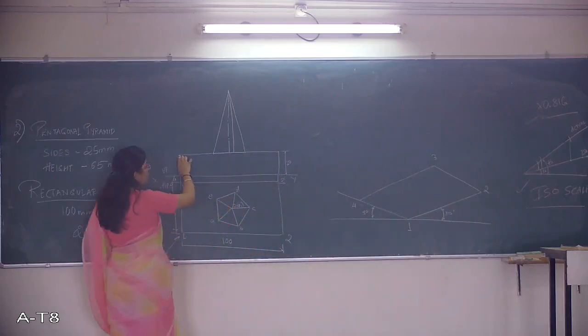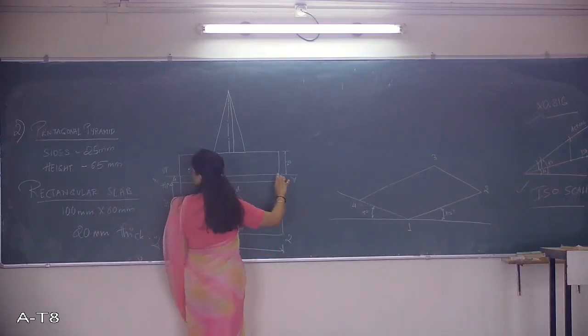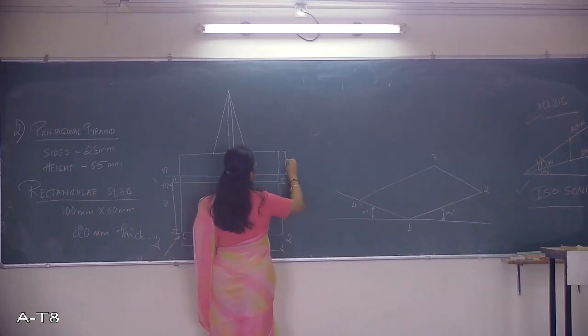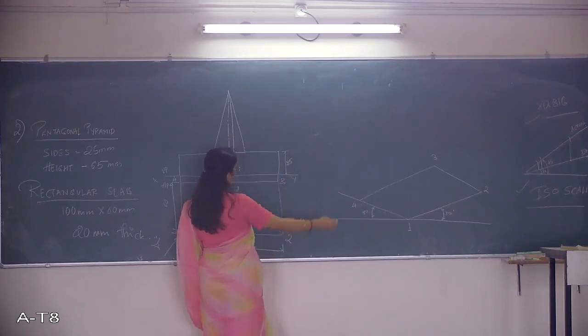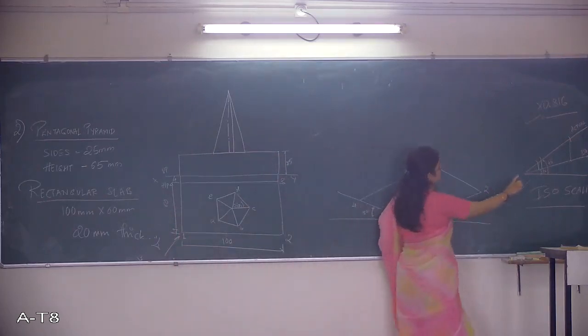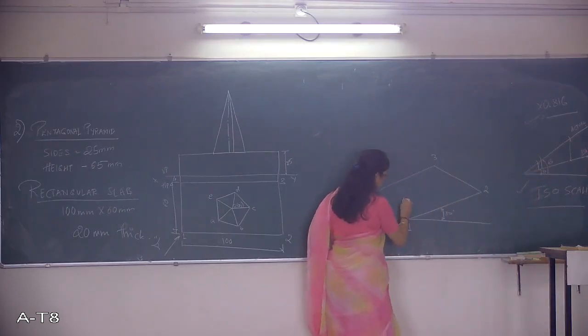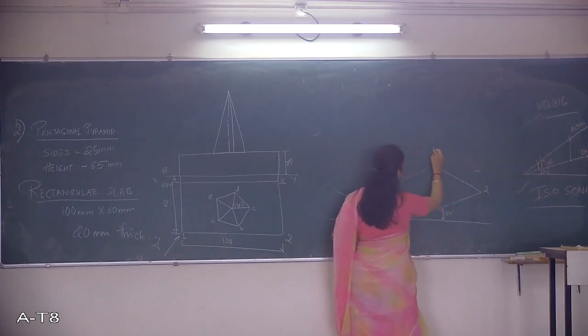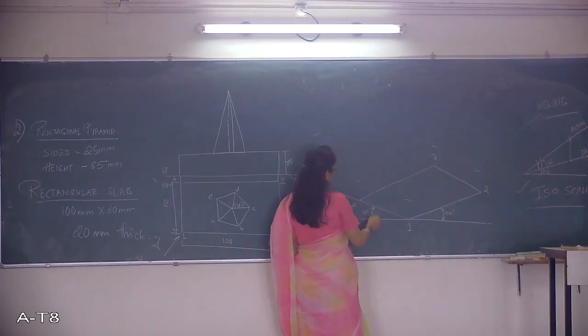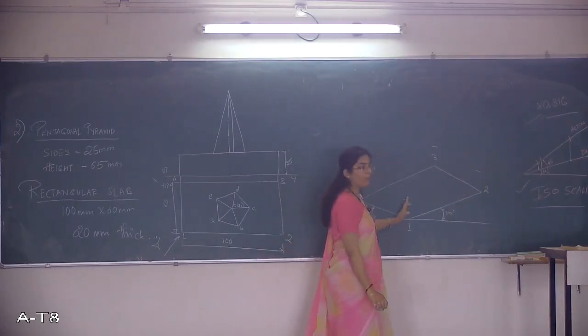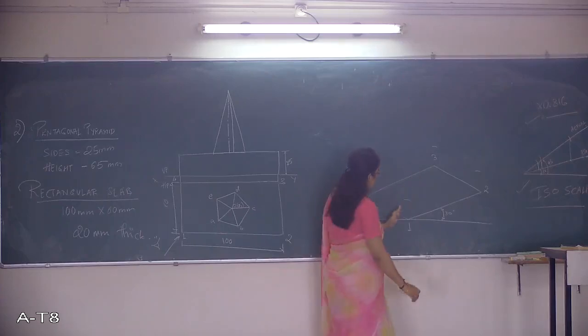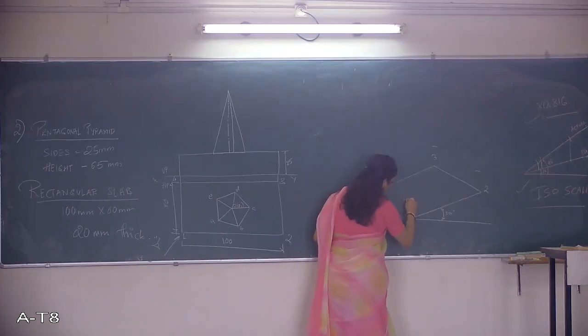You know the height of this is 25. Take 25, go to the ISO scale, get the ISO value and mark it here. So I'll get ISO 25 marked here. Once you do that, with the help of a protractor, get a vertical line drawn here.